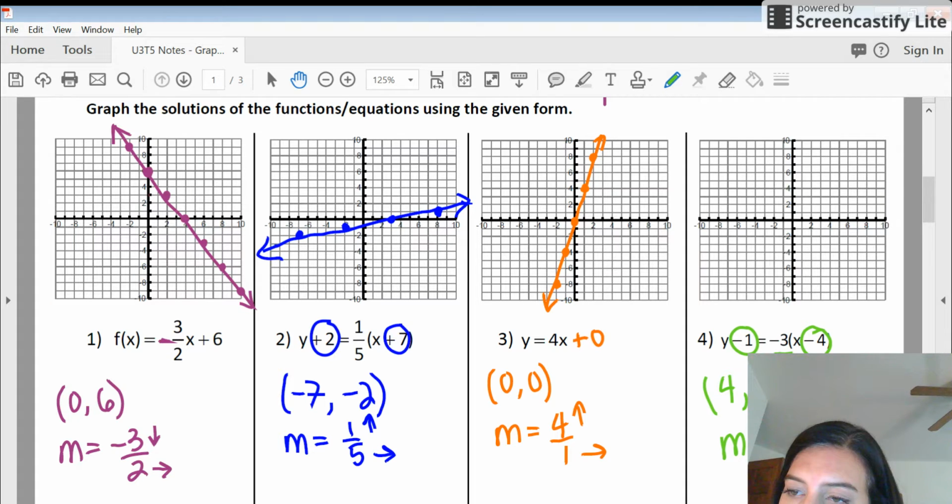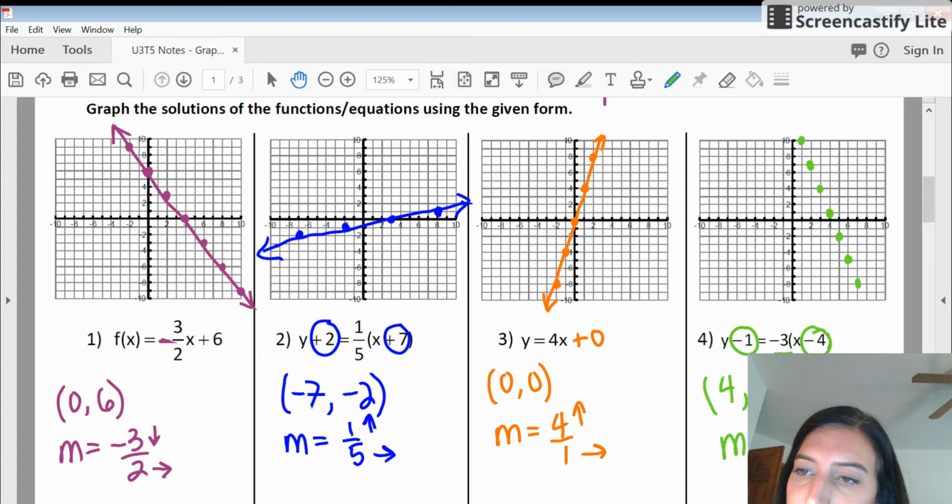So I graph my starting point, over 4, up 1, and from there I'll go down 3, right 1, down 3, right 1. Or I can go up 3, left 1. And I connect my points to form a line.